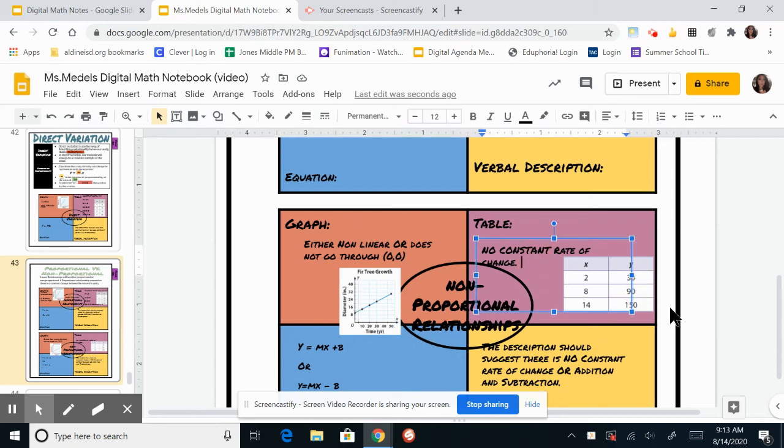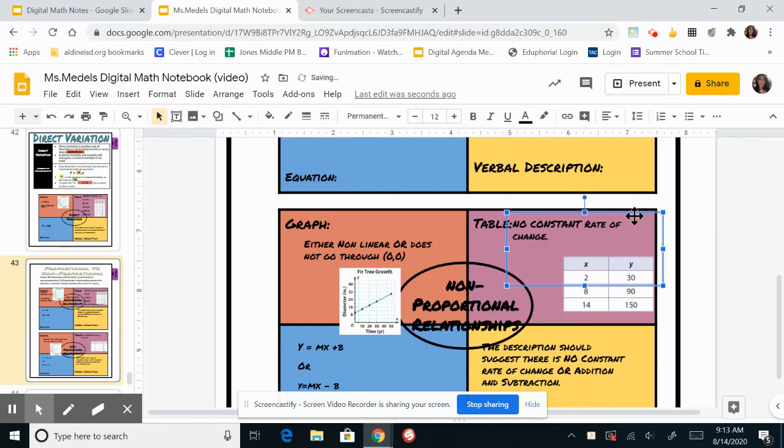And when I come and do my table, this is what happens. So if I'm doing 30 divided by 2, I get 15. 90 divided by 8, I get 11.25.